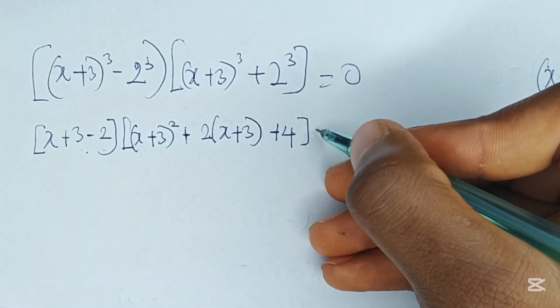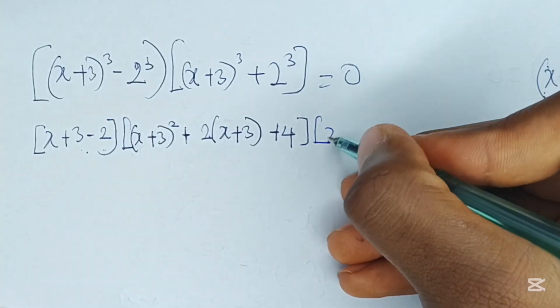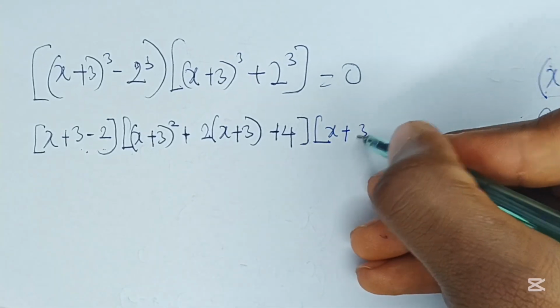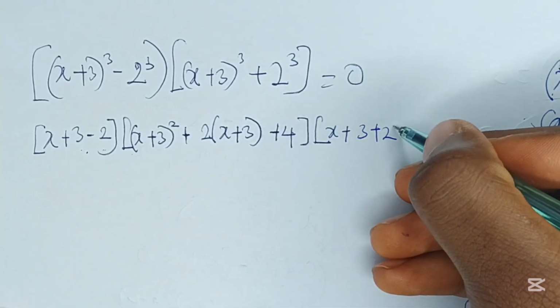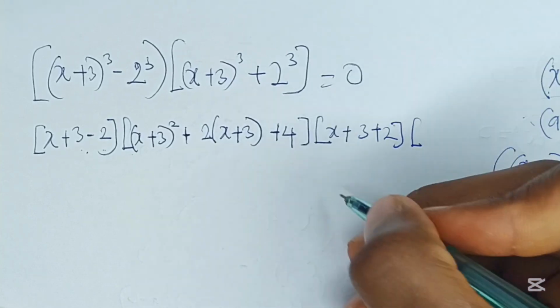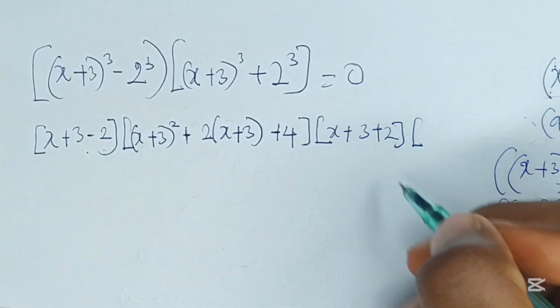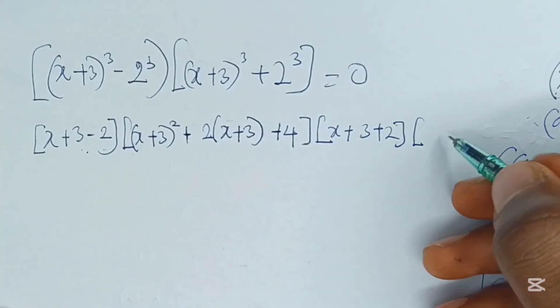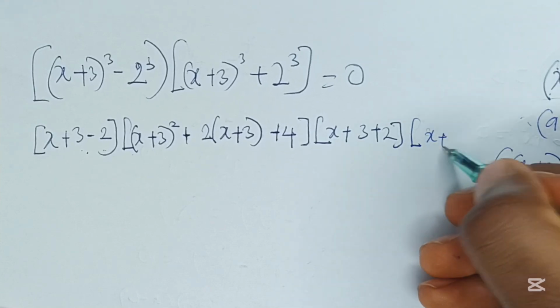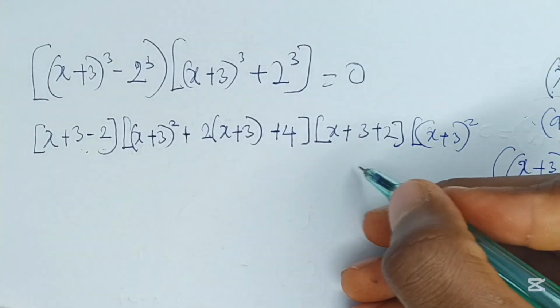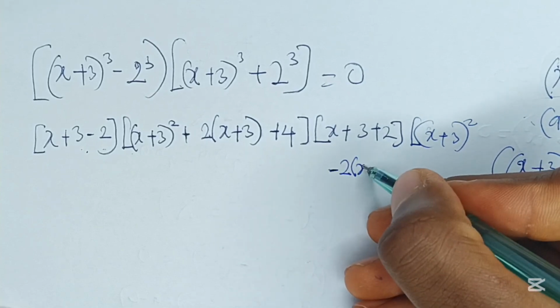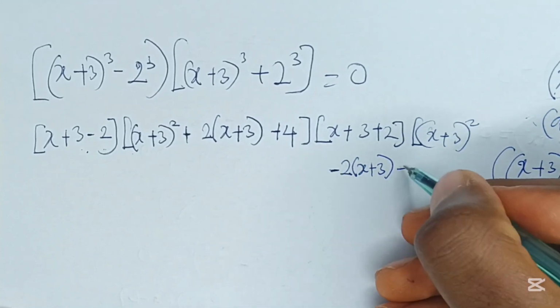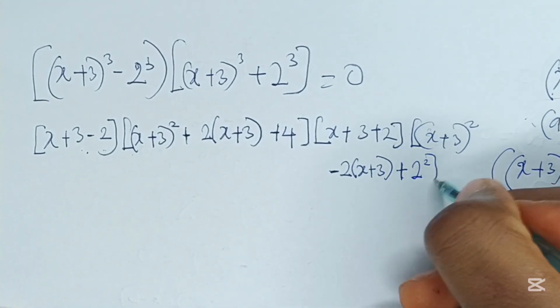And this is multiplied by (x + 3 + 2), multiplied by (x + 3)^2 minus 2 times (x + 3) plus 2^2.